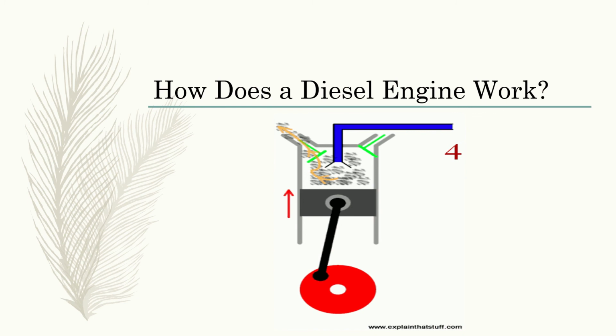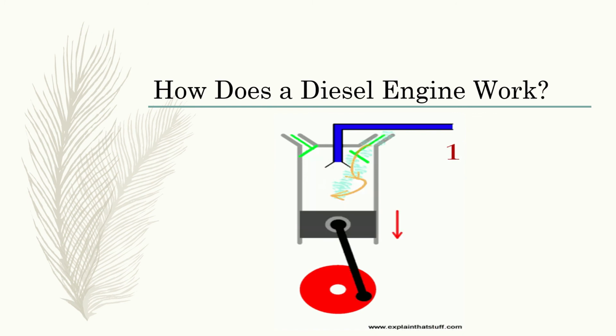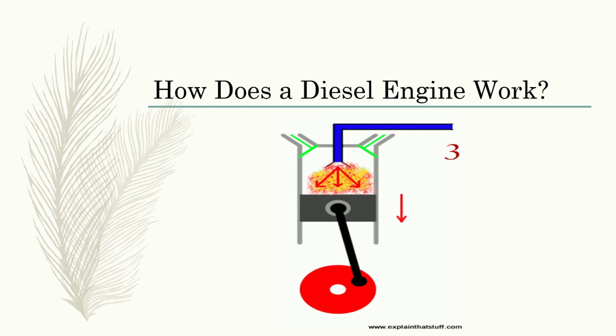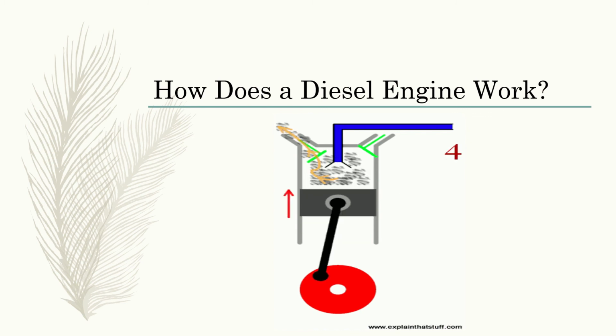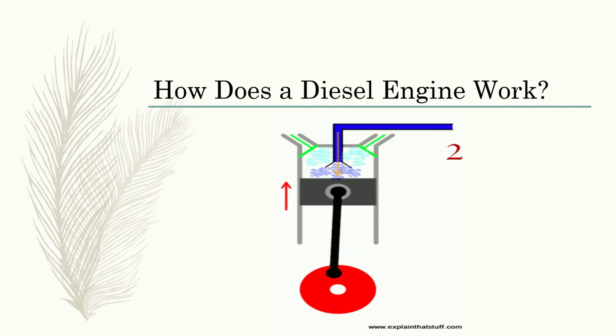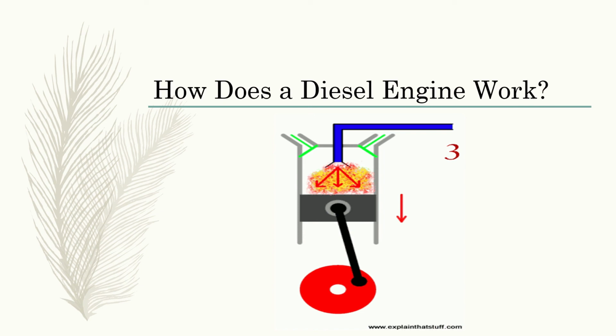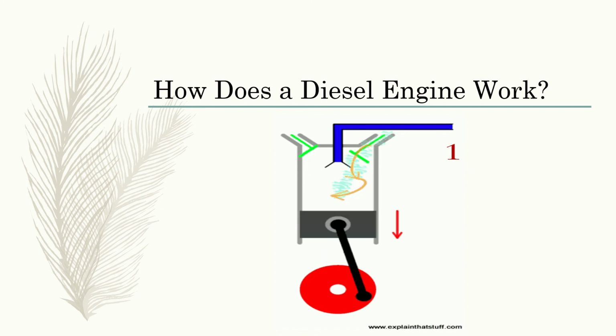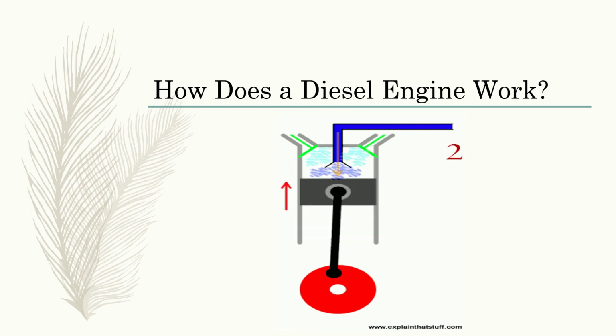The hot fluid does work on the piston, and its energy is converted and transformed into mechanical energy of the piston. This is the only stroke where the piston absorbs power from the fluid. Due to inertia of the system, it moves upward again, and this time the exhaust valve opens, which is the last stage, and the exhaust is rejected. Again, the second stroke happens.